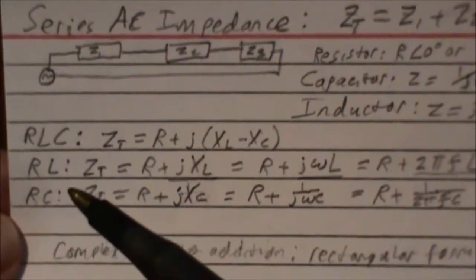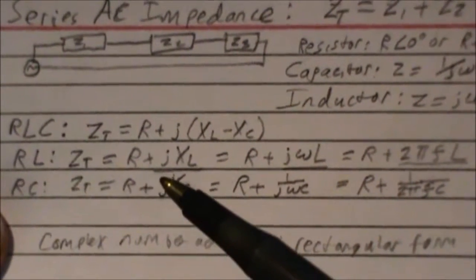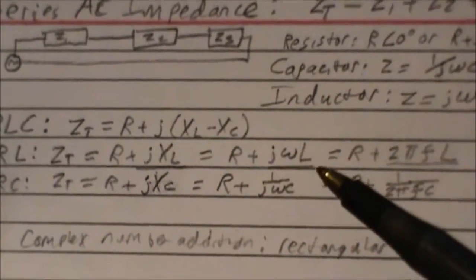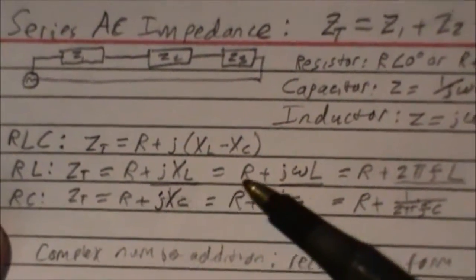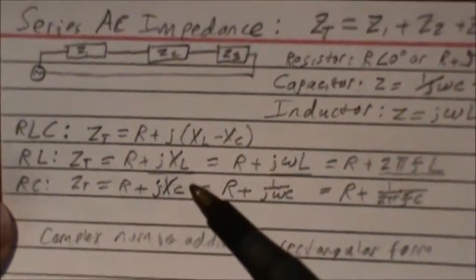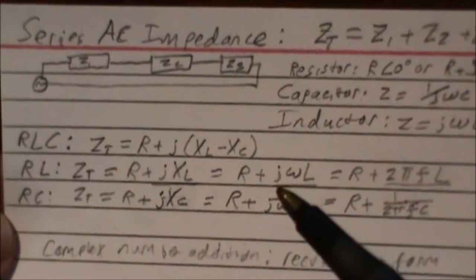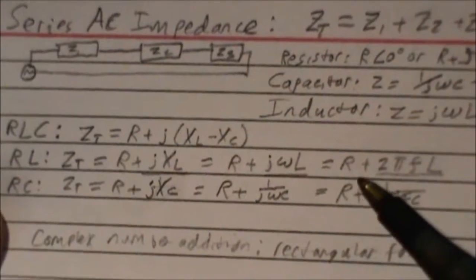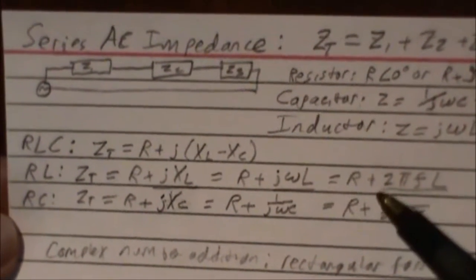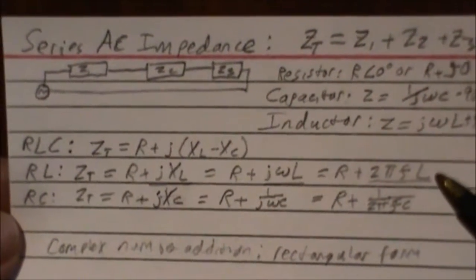For an RL circuit, just a resistor and an inductor together, the total impedance is R plus jXL, which is equal to R plus j omega L, because XL is equal to omega L, which is R plus 2 pi FL, because omega is just 2 pi F. I'll keep repeating that because it's good to remember if you're going to deal with AC circuits.